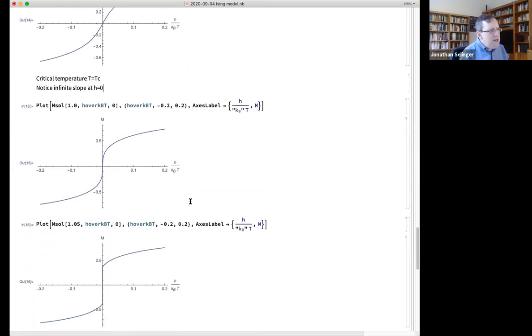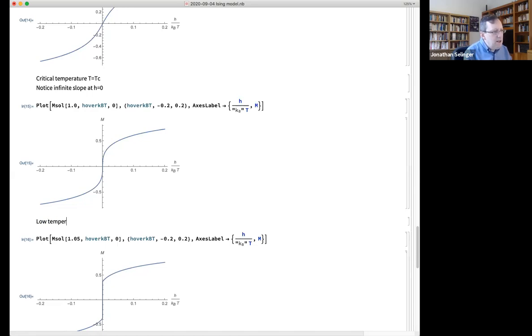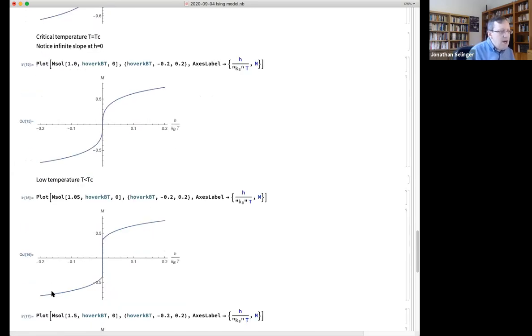Now, what if you have a lower temperature? So here, low temperature, T less than T_C. Now you have negative order for the negative magnetic field.